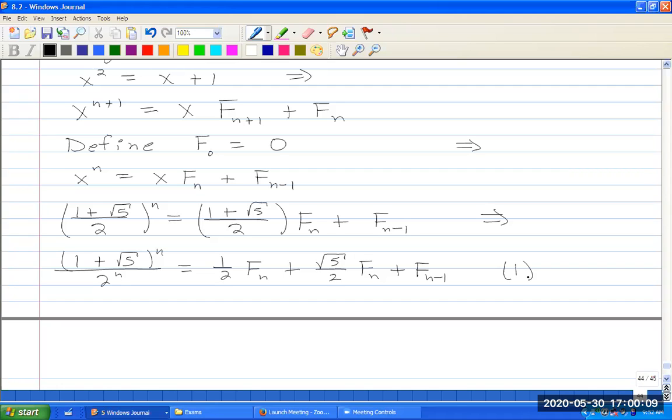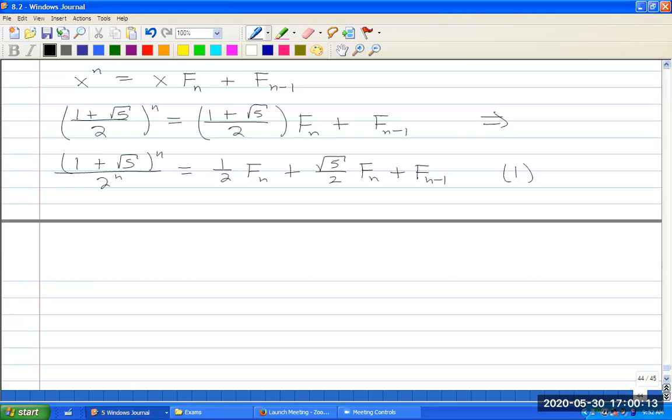Similarly, since I know that it's true for both plus and minus, let me plug in the 1 minus rad 5 over 2 solution.